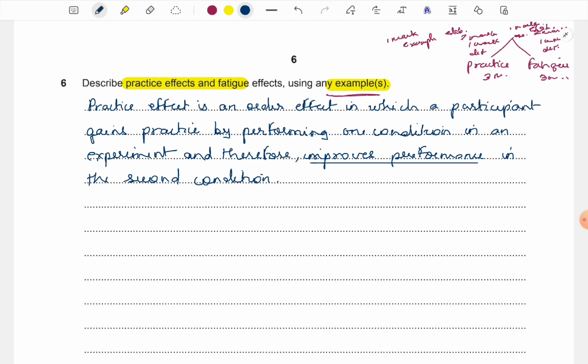And how will you know what is the key thing in the concept? If you learn your research methods unit well. If you take it lightly, you're not able to answer these types of questions well. Students pick up notes from the internet where they just give very brief summaries of research methods in bullet points. So 1 line will be there for practice effects, or 2 words for fatigue effects. They just learn that and they feel they know the whole of research methods. This is when you will realize that you don't know it well.